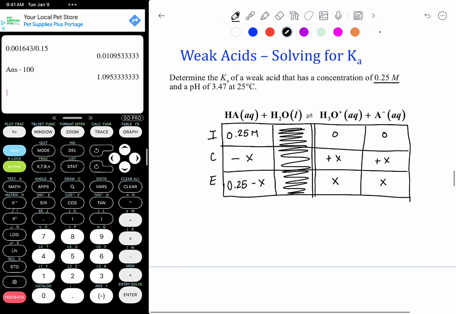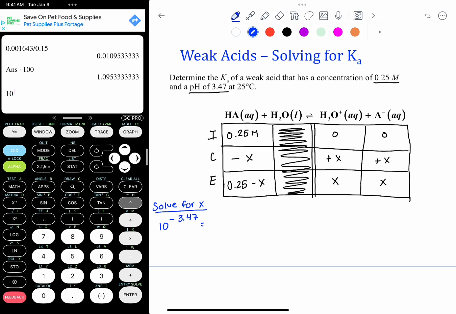So we're solving now for Ka. So we know from our pH, we know what x equals. So what we're going to do first, we want to solve for x. So in order to solve for x, we're going to take the pH and do 10 raised to the negative pH, 3.47. Because that's going to give us the H3O plus concentration.